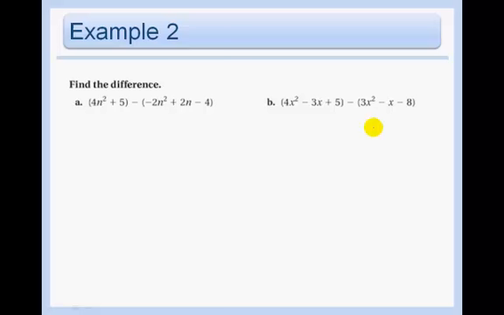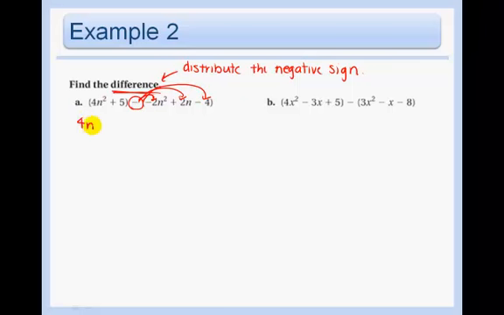Now find the difference. When you find the difference, don't forget to distribute the negative sign. It's very important because I need this negative to go here, here, and here, meaning my problem becomes 4n squared plus 5.